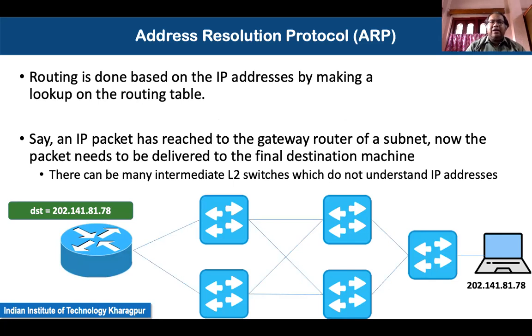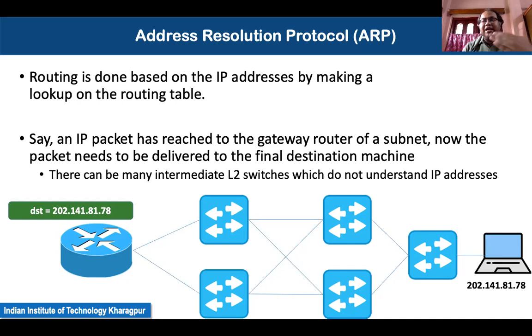Typically, we know that routing is done based on IP address lookup. So every router makes a lookup to a routing table to find out what is going to be the next hop IP address, and at the same time, what is going to be the interface to which you can forward the packet to the next hop. And you get that information and then forward the packet to that corresponding next hop. So that is the broad concept that we have seen.